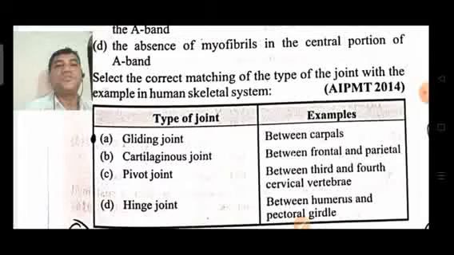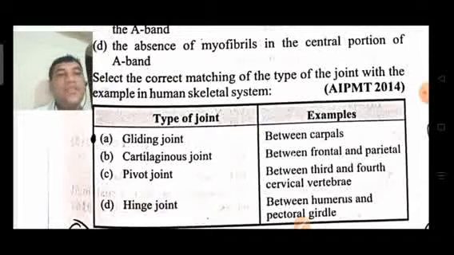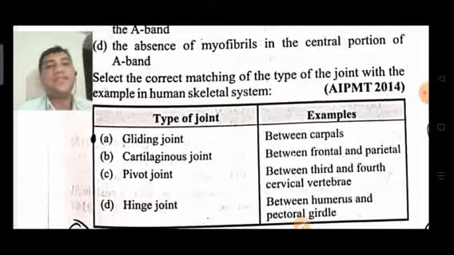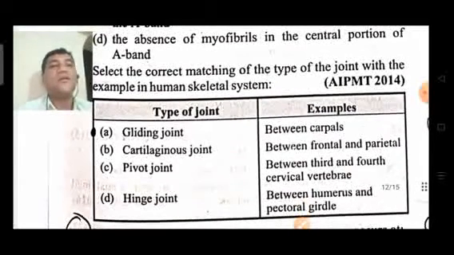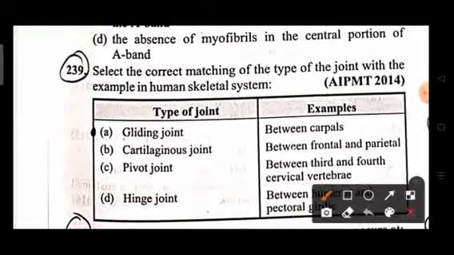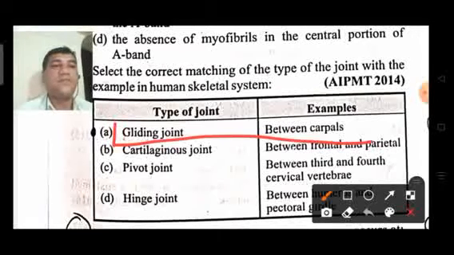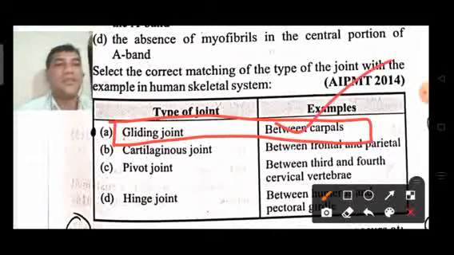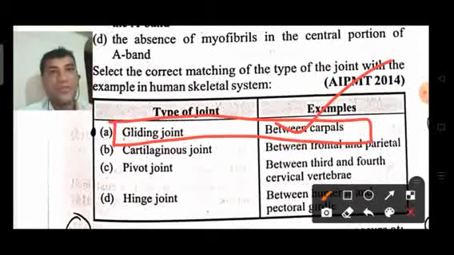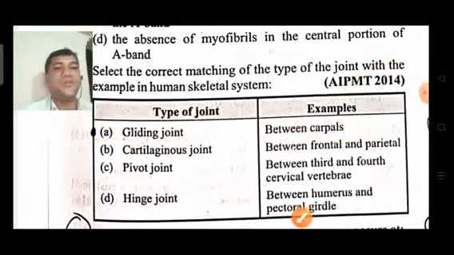Cartilaginous joints are present in the sternum and different portions, pivotal joint in the neck, hinge joint in the knee and elbow. A gliding joint or sliding joint is between the carpals. This is the right answer. Option A is the right option.